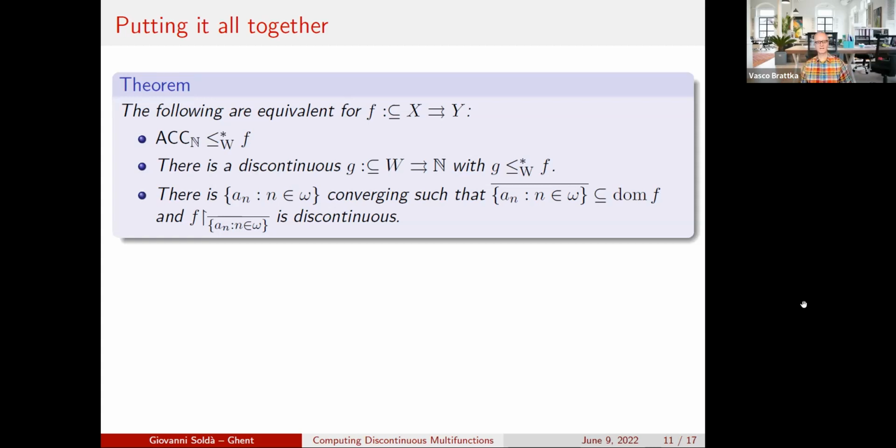Good question, interesting question. I think there are a lot of dual things happening here. You mentioned that the discontinuity problem is the infinite sum of ACCN. That's what I call stashing, and that's kind of dual to parallelization.